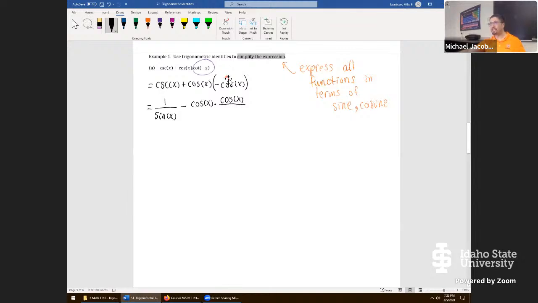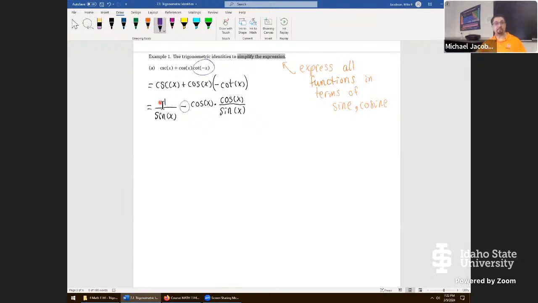If it said co and it said cotangent, the co function should go to the numerator and then the sine function should go down below. So we've got it, folks. We've corrected 2 issues. We took the negative x and just produced a negative right here to correct that. The other issue is everything that was not a sine or a cosine, we just used the identities that we're familiar with and wrote them in terms of sines and cosines.